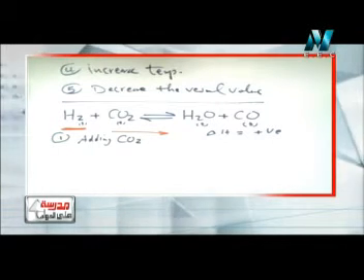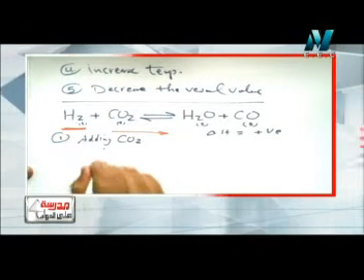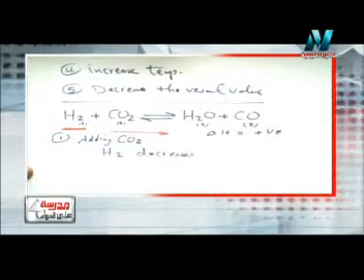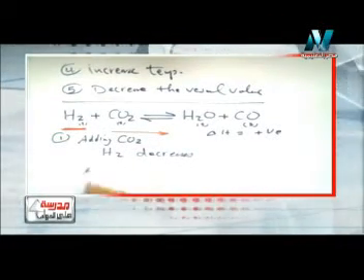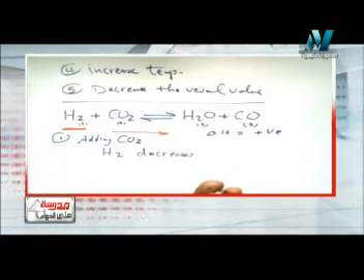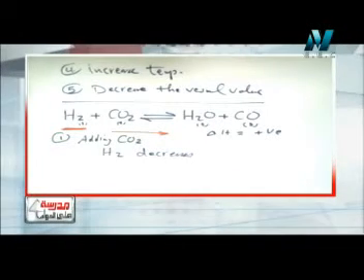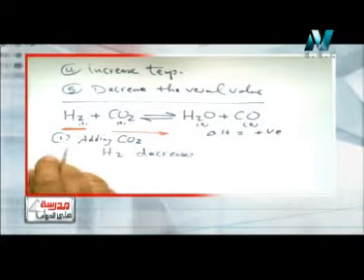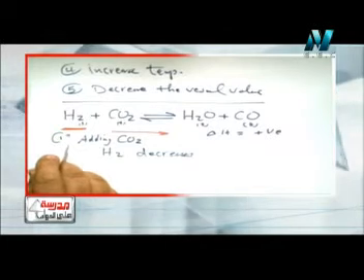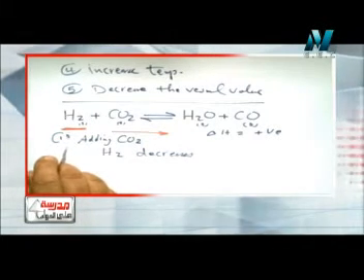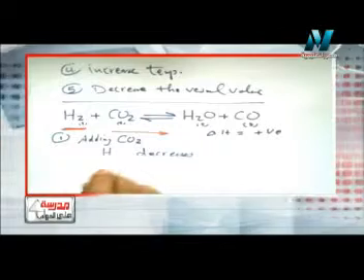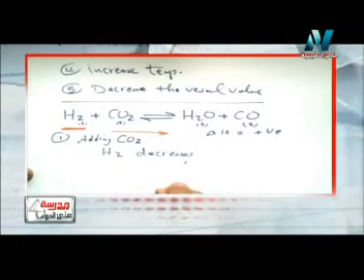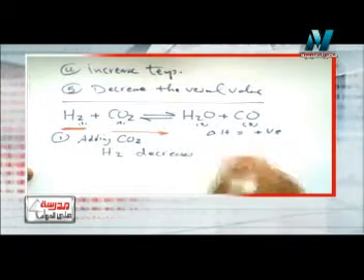So adding more CO2, the concentration of hydrogen decreases. If I said the direction only, it is not a complete answer because the question asks about the effect of this change on the concentration of hydrogen.